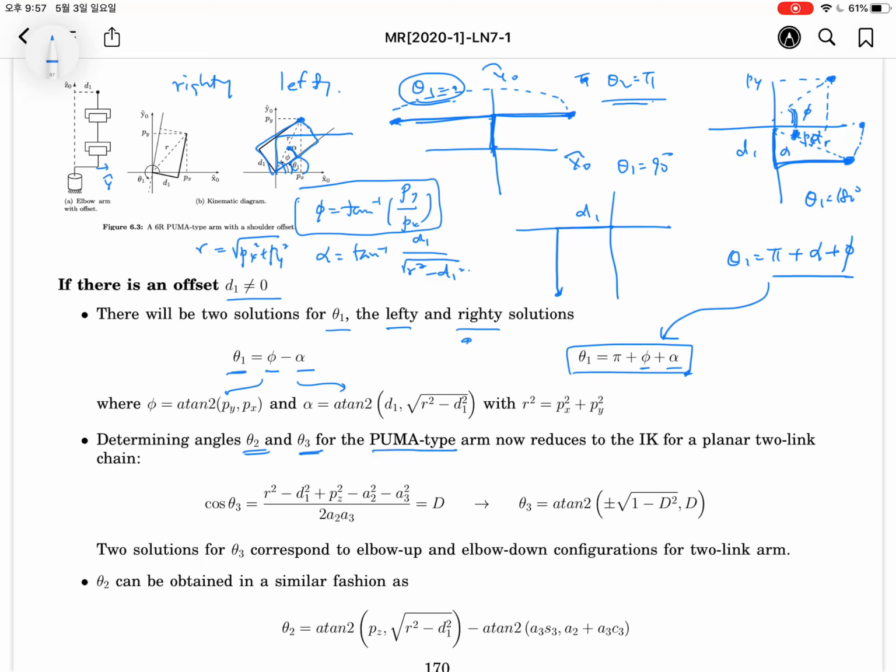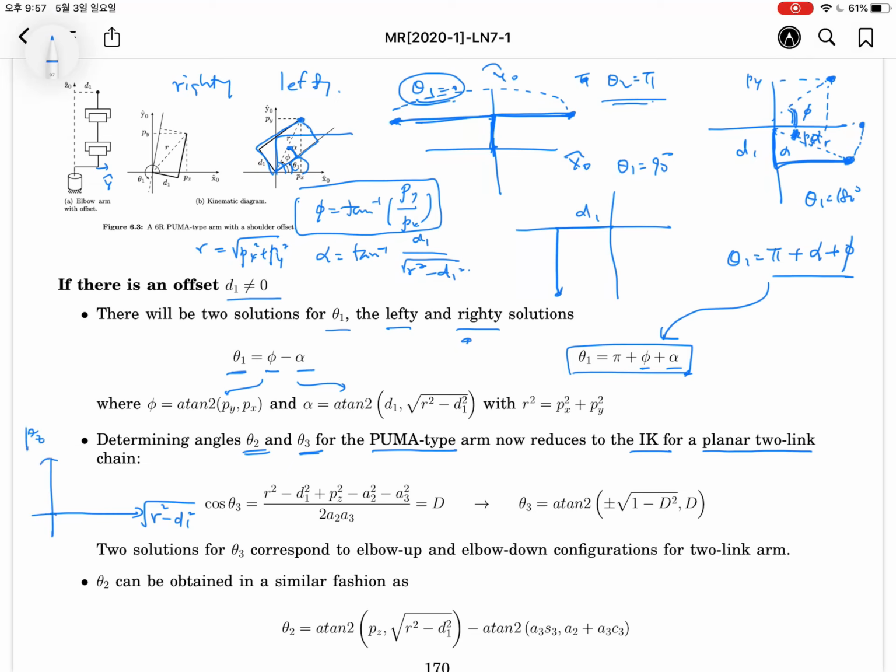Determining the angles of theta 2 and theta 3 for the Puma type arm is now reduced to IK for the planar manipulator. It's very easy. So let's make the axis square root of r square minus d1 square, and the pz axis.